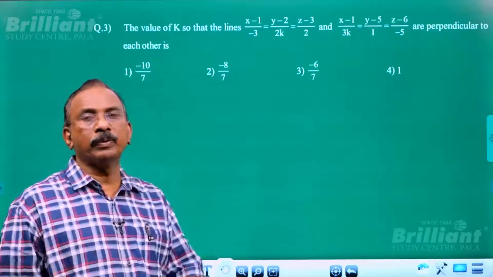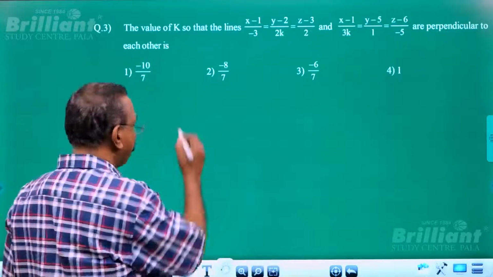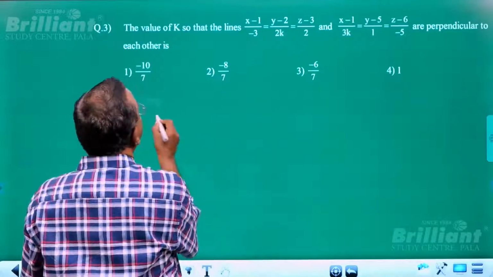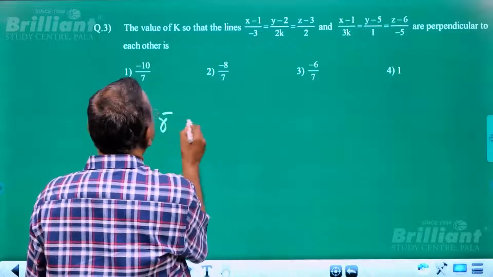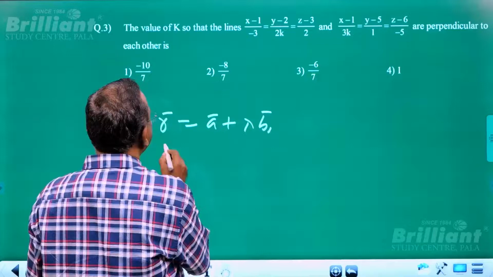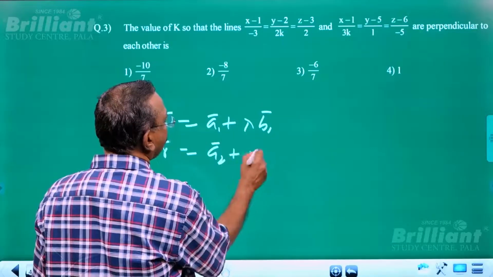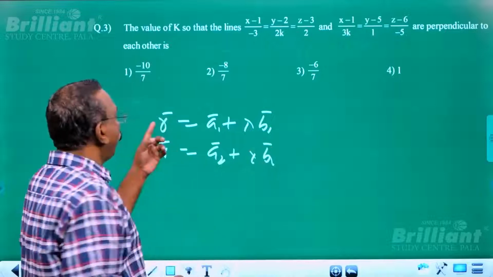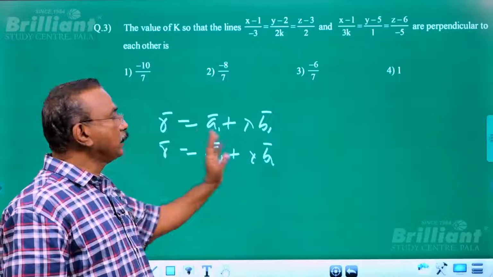Two lines are perpendicular to each other. You know the direction ratio of the line. The first line can be written as r bar is equal to a1 bar plus lambda b1 bar, and the second one is r bar is equal to a2 bar plus lambda b2 bar. So the direction of the first line is b1 bar and that of the second line is b2 bar.